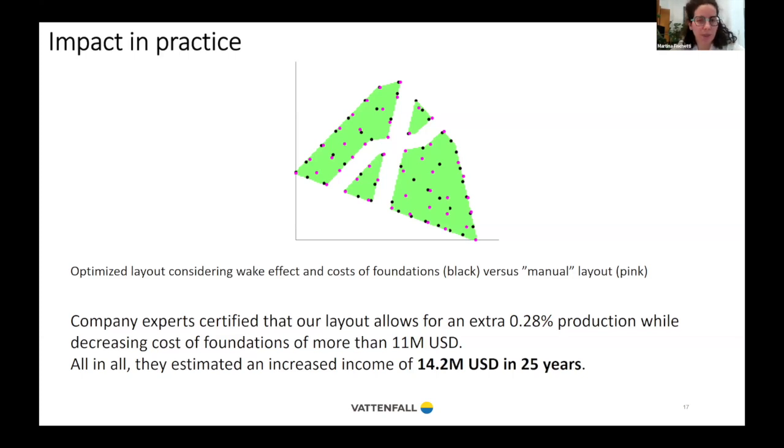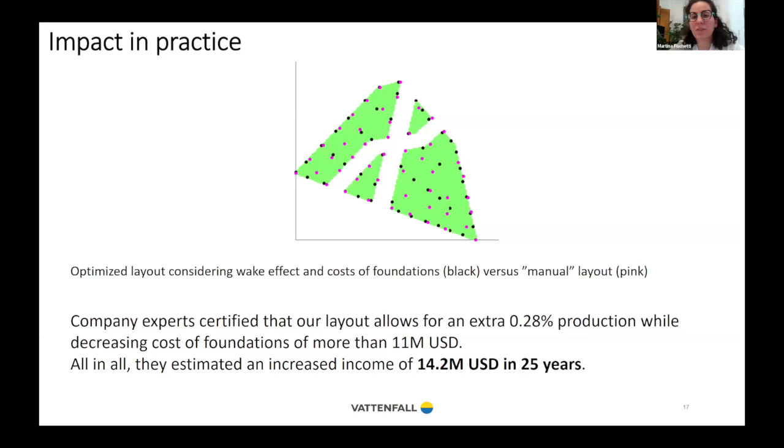They came back from this independent analysis saying that our layout not only allowed a higher production compared to the pink one, the company one, but was also much cheaper at construction time due to the cost of foundation. So they estimated that using our layout compared to the one that the company would have otherwise developed would have implied a gain of about $14.2 million in the lifetime of the park.